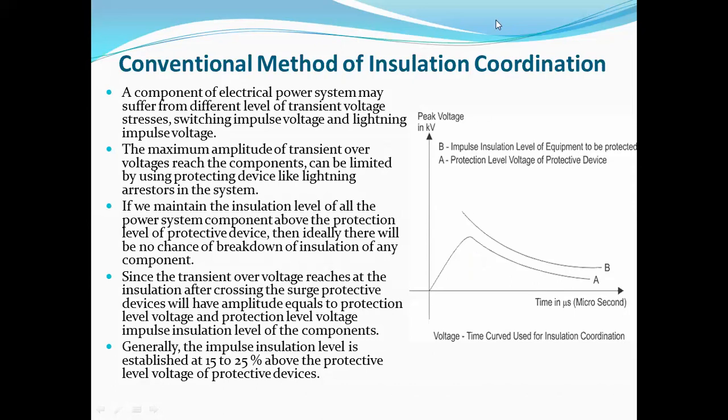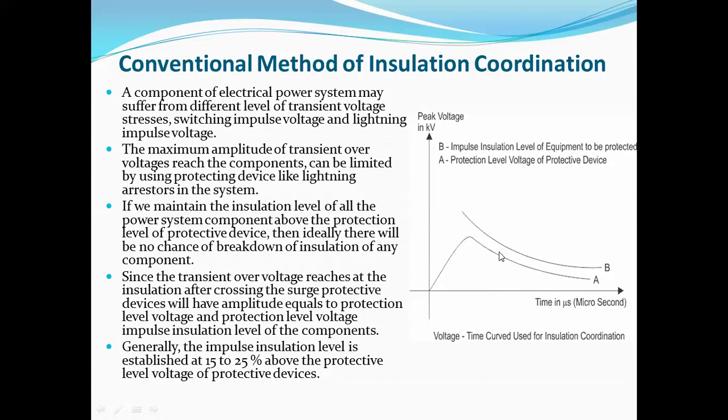Here you can see from this characteristic that this is the protection level voltage of the protective device, and characteristic B is showing the impulse insulation level of the equipment to be protected.